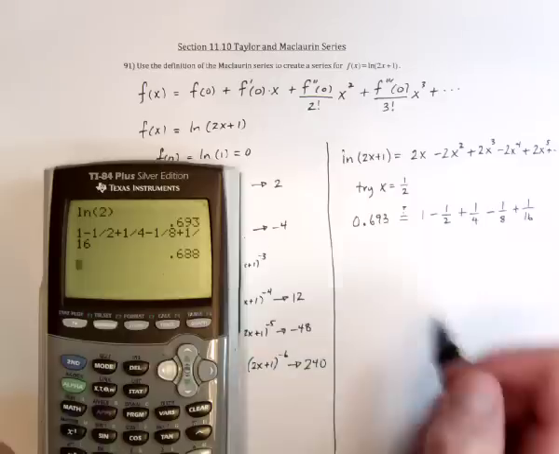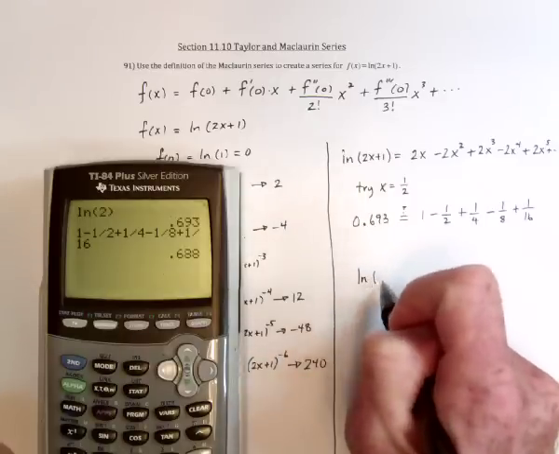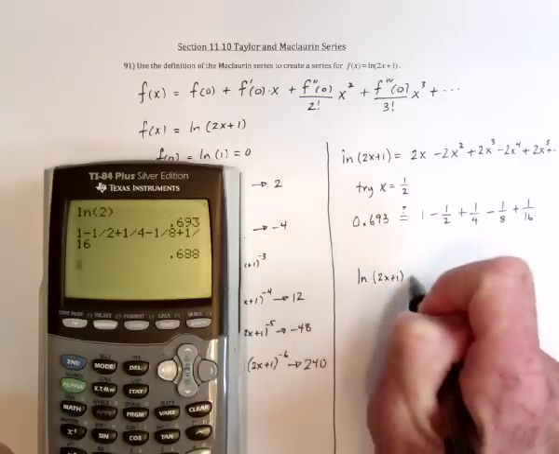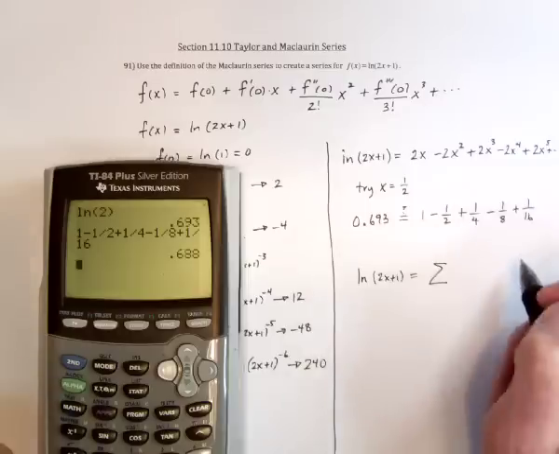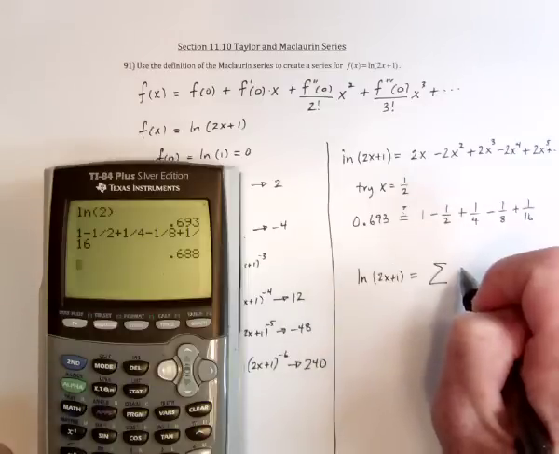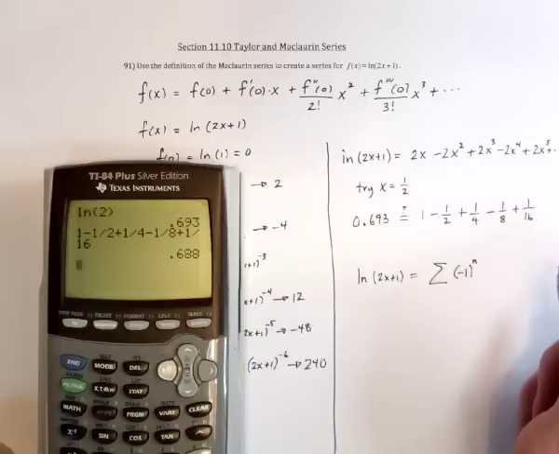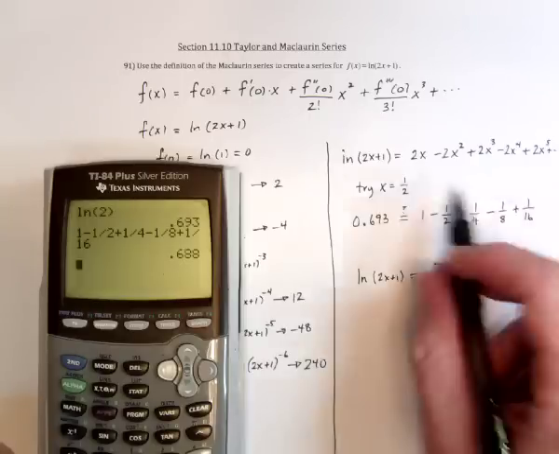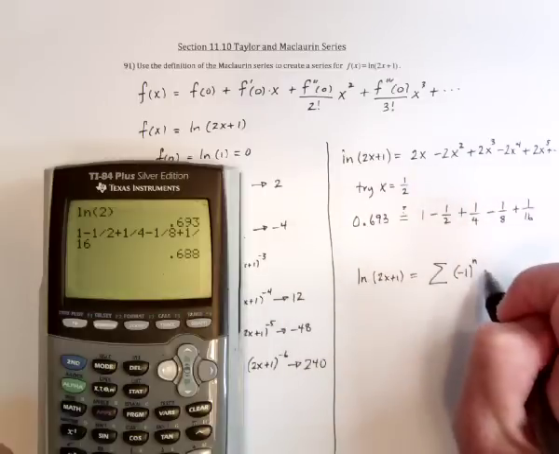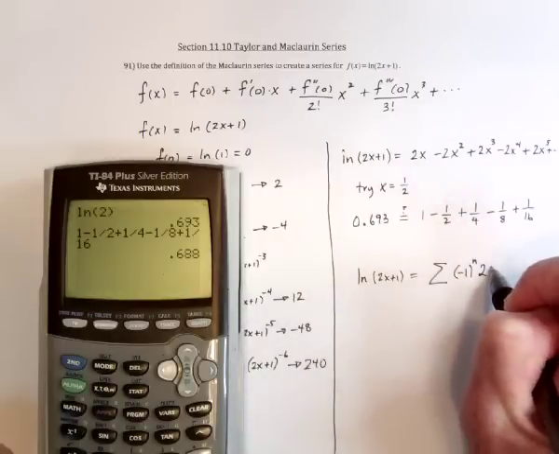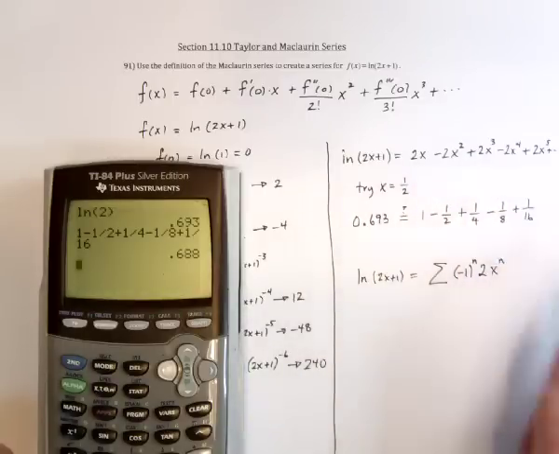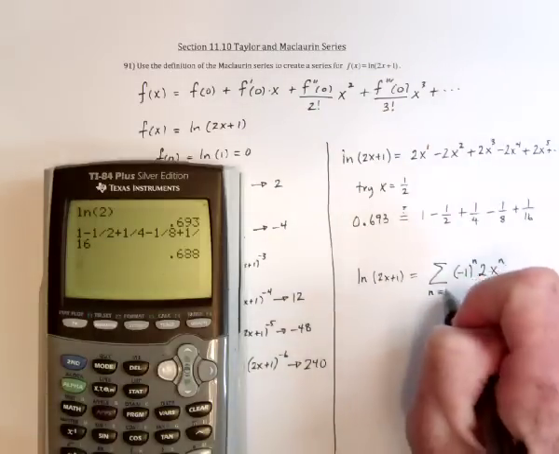So in general, we would have the natural log of 2x plus 1 is equal to the sum of, well, it's alternating, so negative 1 to the n, and then it's going to be just 2's, and then x is to the n power, and from here we have n starting at 1 to infinity.